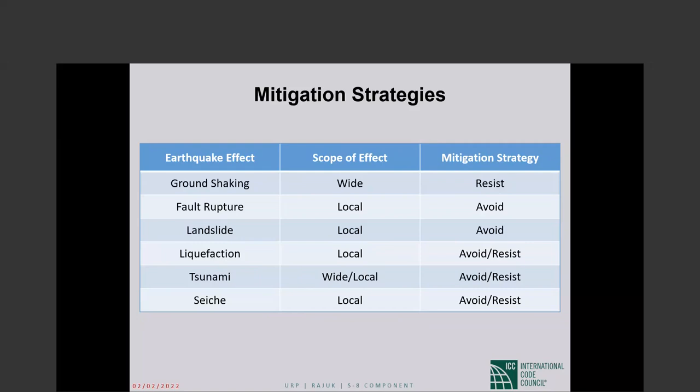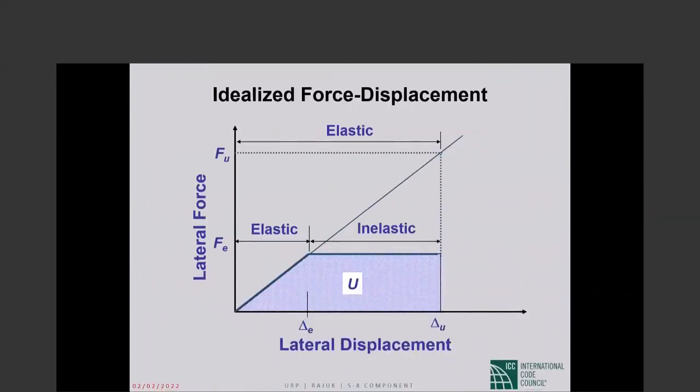Anyway, tsunami resistant design is now becoming, and will soon become, I would say, significantly more common.